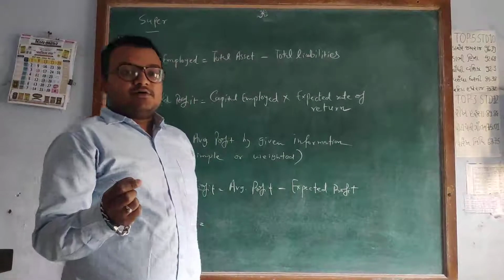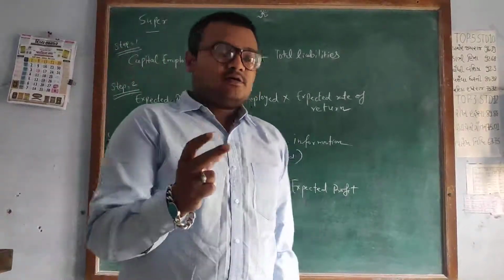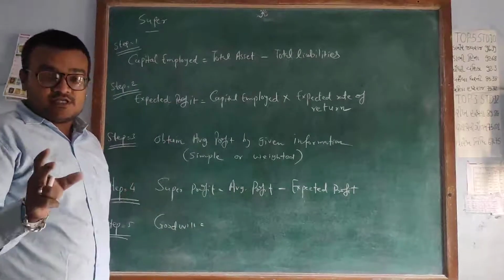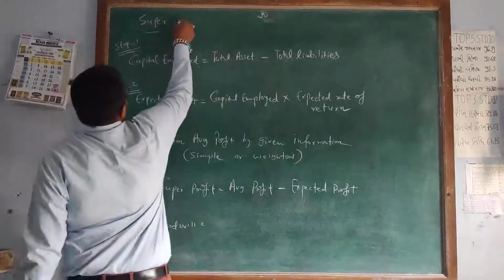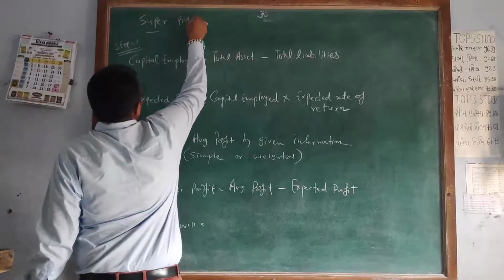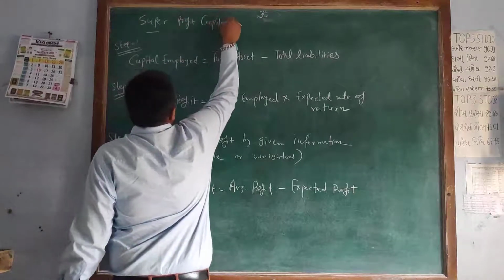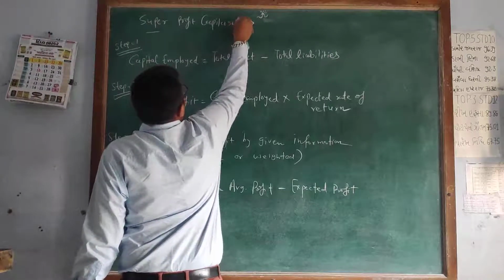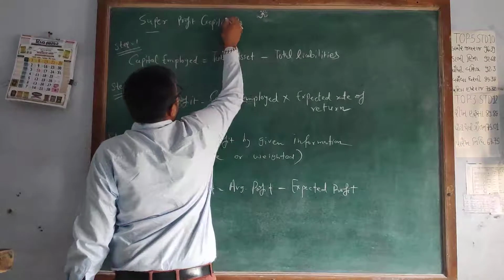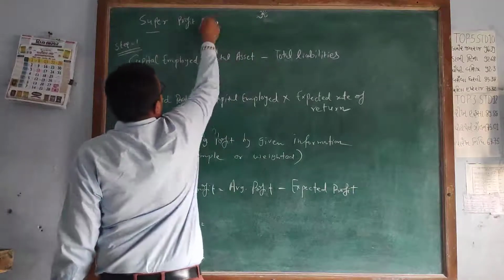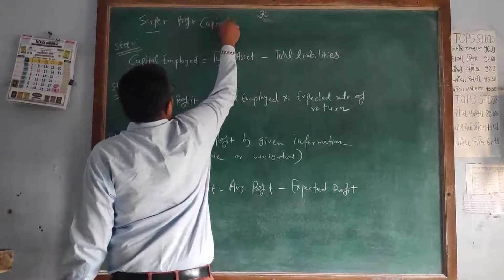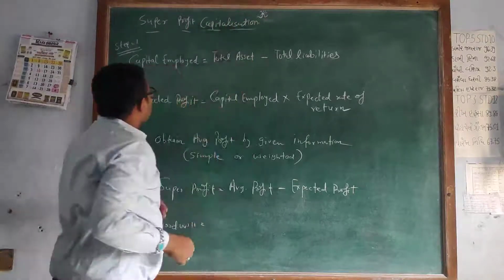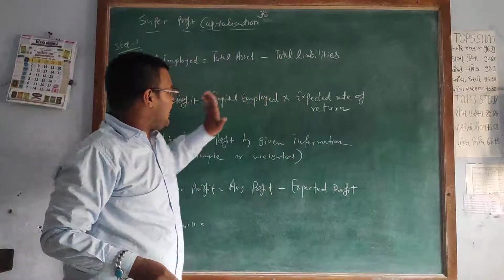One method is completely dependent on this method, and this method will be the super profit capitalization method. Capital employed, total asset minus total liabilities.